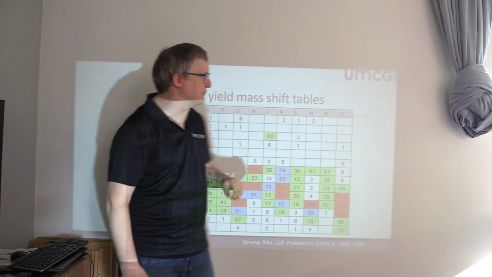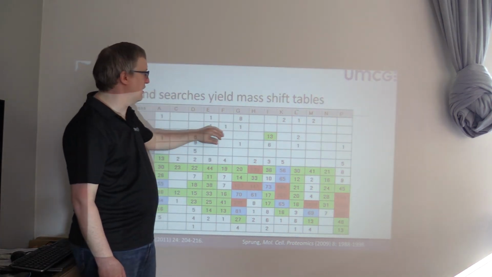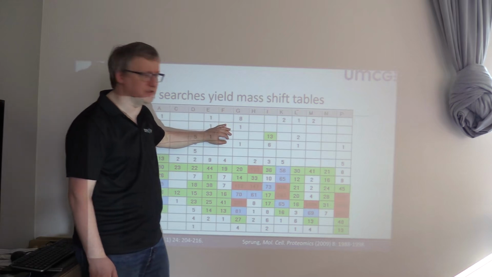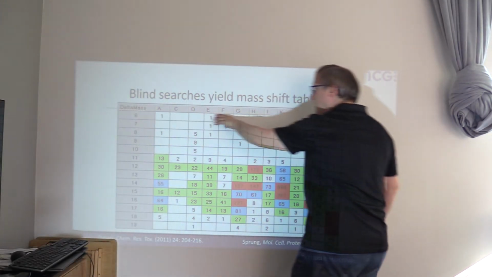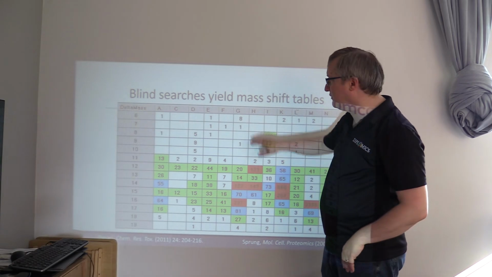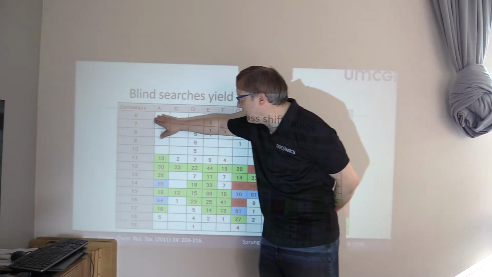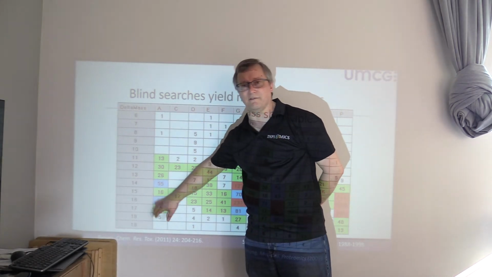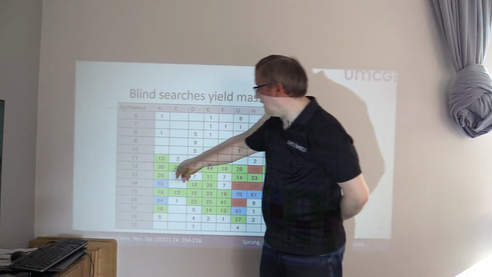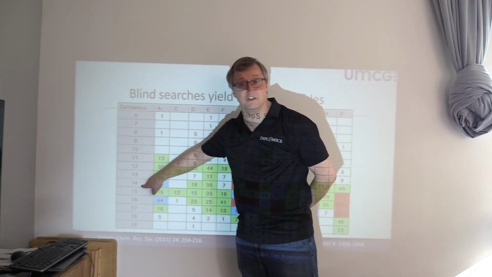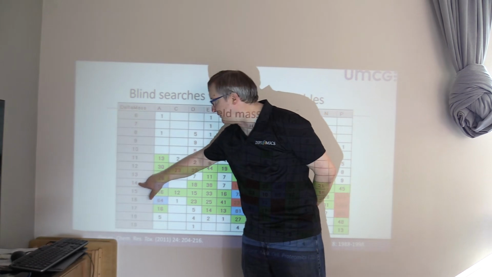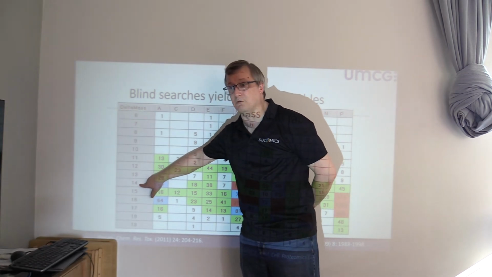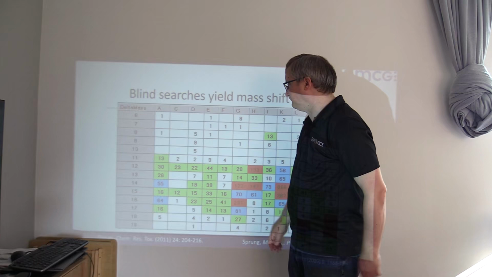So one of the things that we frequently see from this are mass shift tables. Up at the top, we have columns that represent each of the amino acids, and down the rows, we have different unit masses to say, for example, methylation would be about 14 Daltons, so information about potential methylations would appear on this row, 14.